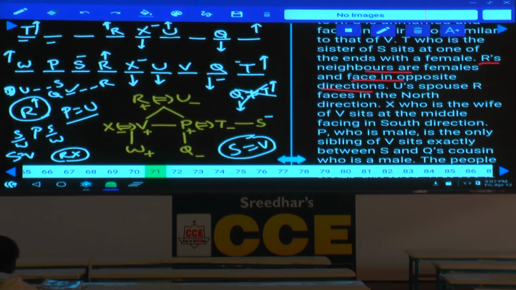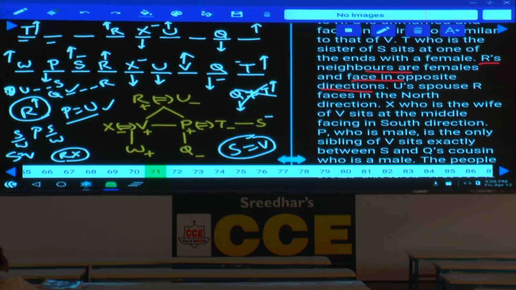Now these two persons are opposite. X and S are facing opposite. X is south and S must be towards north. Now if S is towards north, S and V are facing the same direction, then V must also be facing towards north. Then P and U are facing the same direction. As P and U are facing the same direction, U is south and P must also be facing towards south. Done with this?